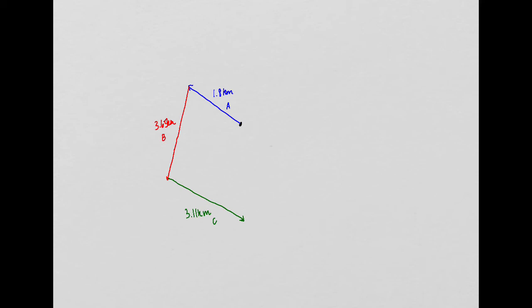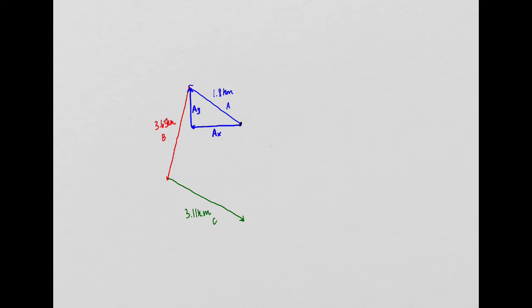All right, but I'm not going to draw that for right now. Okay, so what do we have to do? First, we have to resolve every single one of these vectors into their vertical and horizontal components. So I'm going to do this in a thicker pen here. So we need this component and this component. We have to find each one of these. So we need AX, we need AY.